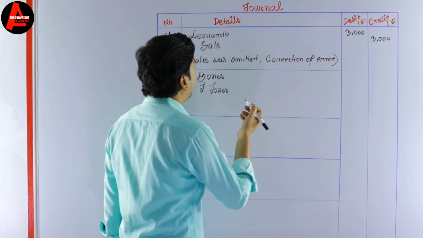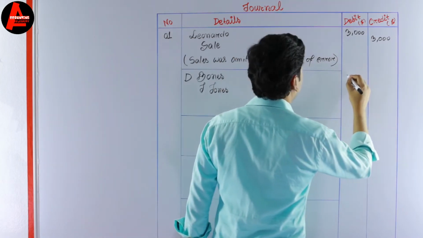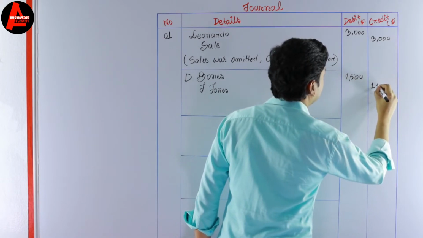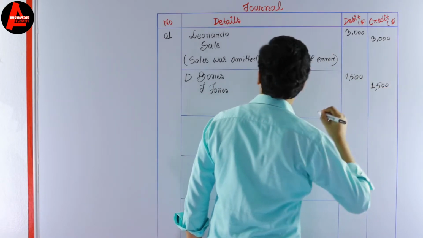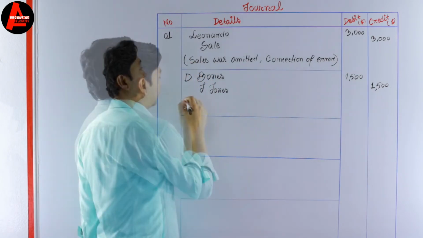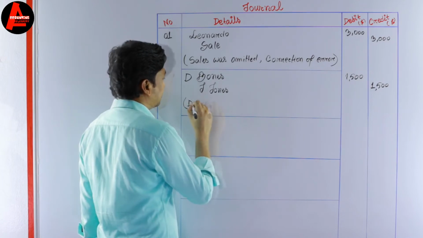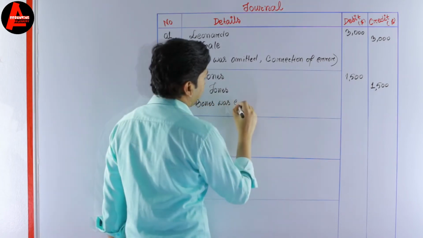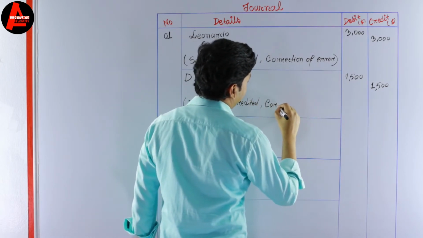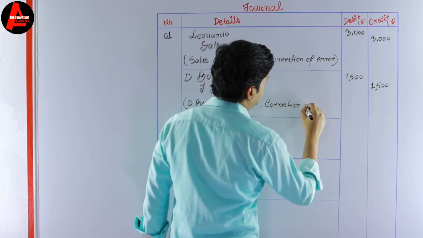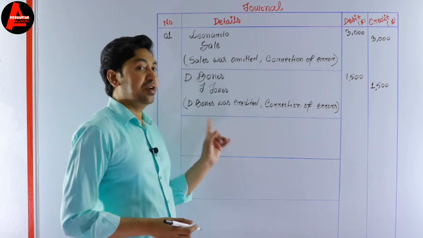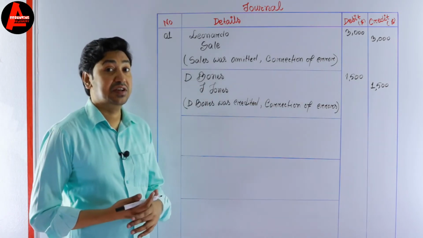The amount is here $1,500 on the debit column and $1,500 on the credit column. So now what can we write? We can write D. Bones was credited. So here we write correction of errors. So mistakenly D. Bones was credited, now it is debited to correct this transaction.